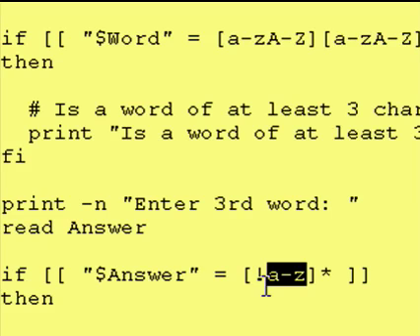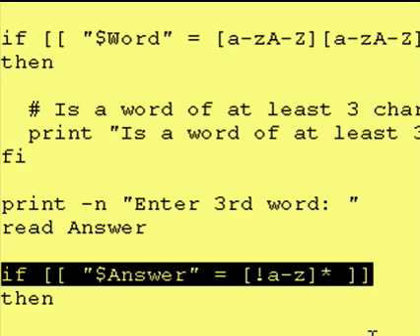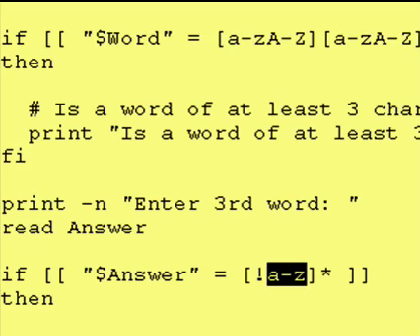So the uppercase letters will come out as true and numbers will come out as true, and anything that is not a lowercase a through a lowercase z, for example, an open parenthesis, would fall into that category also, and then anything or nothing after it. So what this test tests for is that the person responded with an answer that did not begin with lowercase a through lowercase z.